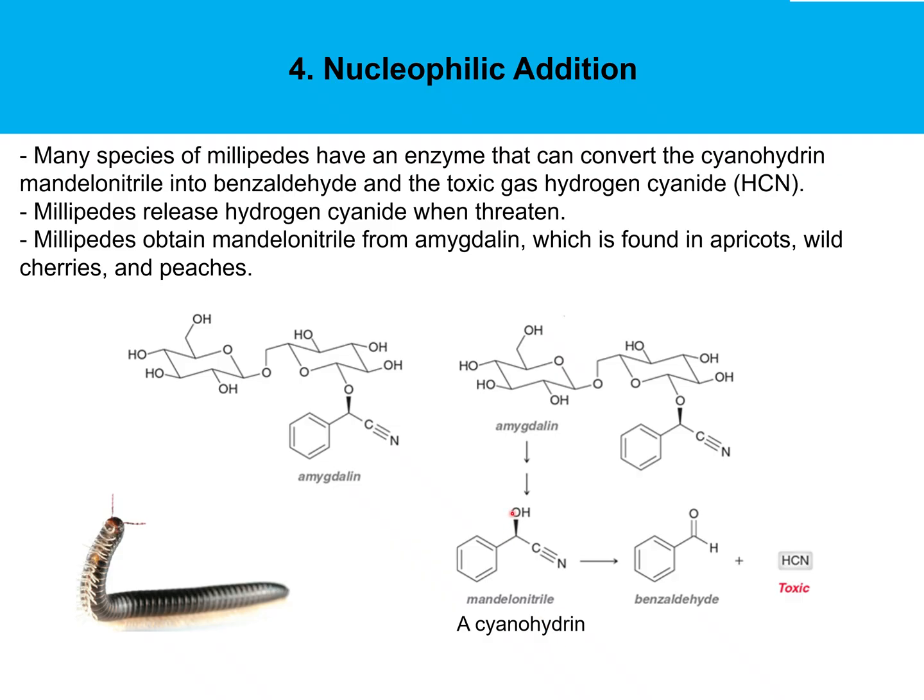This cyanohydrin can expel hydrogen cyanide, and therefore it can be used to deter animals from eating or bothering the millipedes.